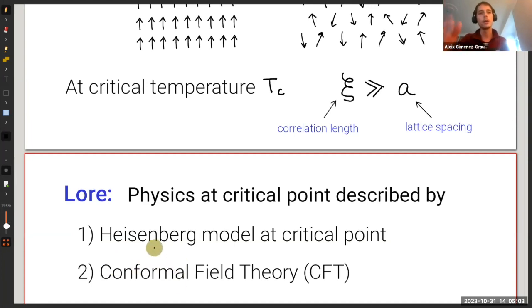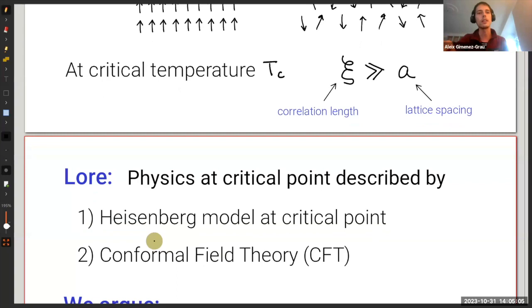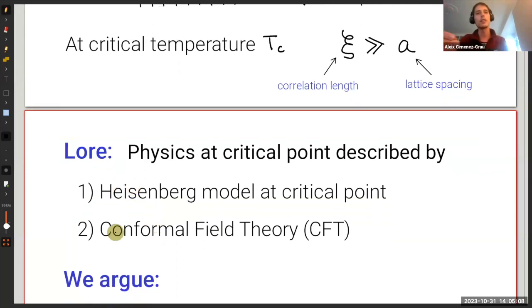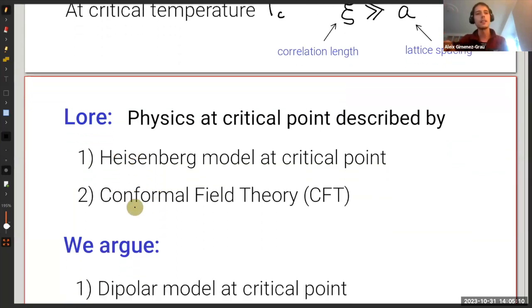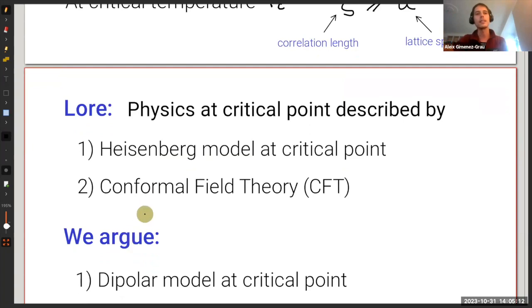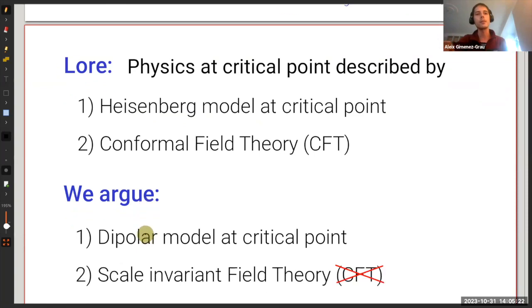Okay, so the goal of this talk is to actually argue that these 2 points are not really correct. The correct thing to say is that a ferromagnet at the critical point is described by something that I'm going to call the dipolar model. I'm going to introduce what this is later. And the second point, which is very important, is that this dipolar model is not actually a conformal field theory.